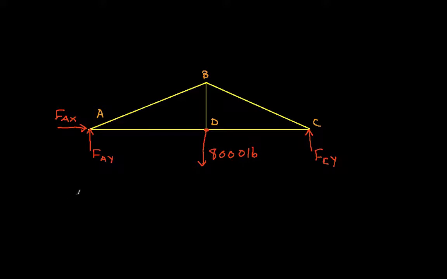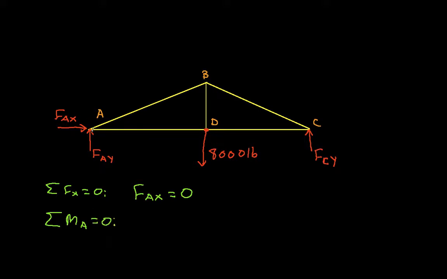We have three unknowns, and fortunately for a two-dimensional body in static equilibrium, we can solve for up to three unknowns. So first, the sum of forces in the x direction is equal to 0. FAX is the only force in the x direction, so that force is equal to 0. Next, the sum of moments about point A is equal to 0.